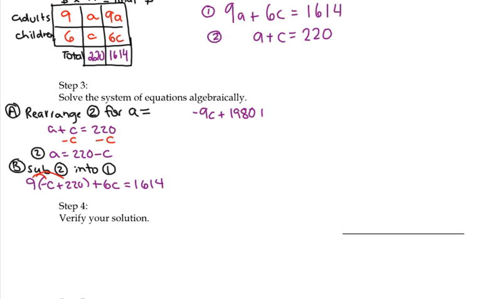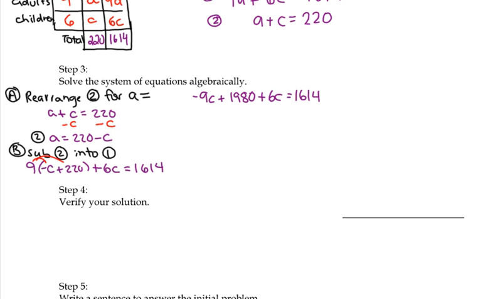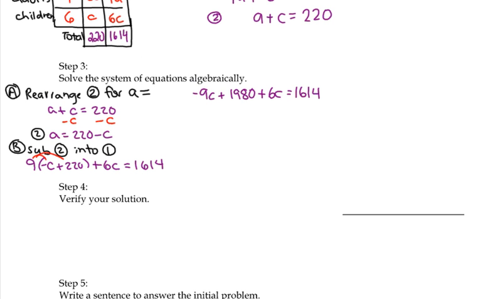That's close to the year I was born. All right, like terms. Negative 9 plus 6, you should have a negative 3C. Collecting like terms.